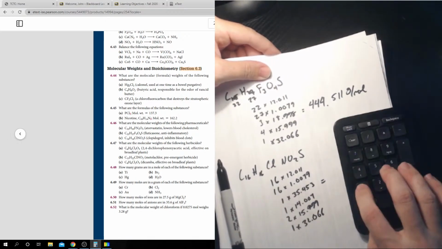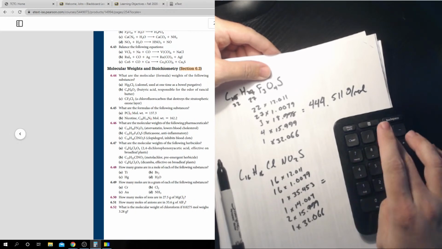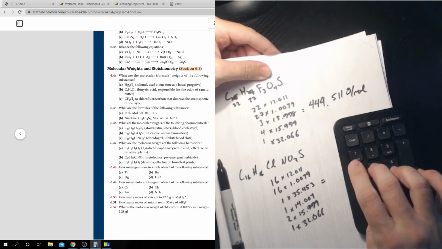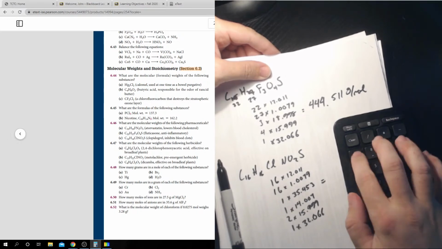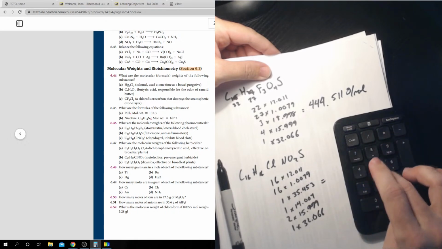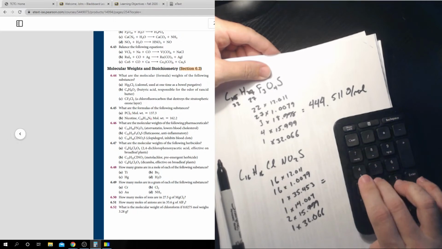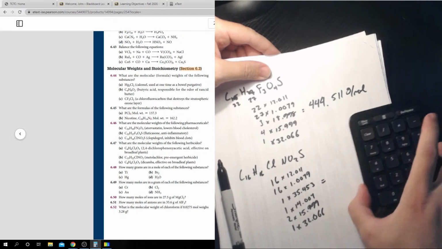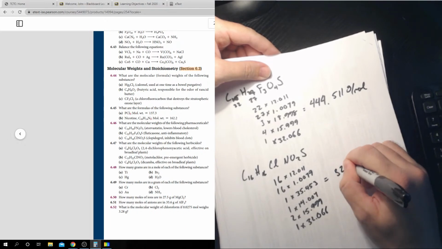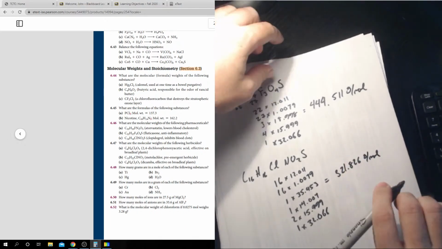Calculator. 16 times 12.011 plus 16 times 1.0079 plus 35.453, plus 14.007, plus 2 times 15.999 plus 32.066. 321.826 grams per mole.